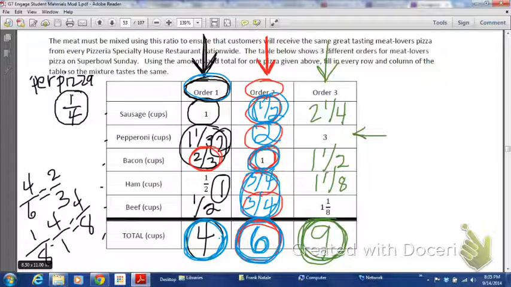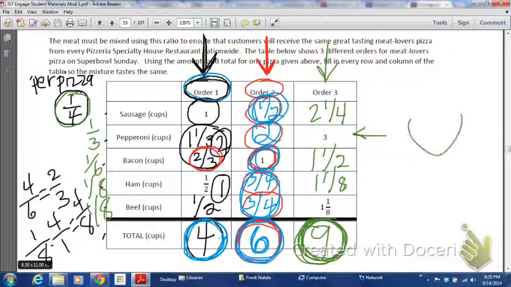I multiplied all the rates, which for sausage was 1/4, pepperoni 1/3, bacon 1/6, ham 1/8, and beef 1/8, by 9, because that was my multiplier. They came up with all these numbers, and I added them all up. They did equal 9, so I am happy, successful, smiley face. And I hope you are smiling as brightly as I.